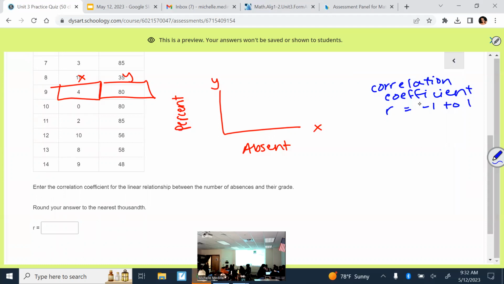So if you're putting in a number outside of those numbers, it's automatically going to be wrong. I will say that you don't need to calculate the correlation coefficient by hand. Even if you have a job where you have to use the correlation coefficient, you'll probably use a computer to do that.